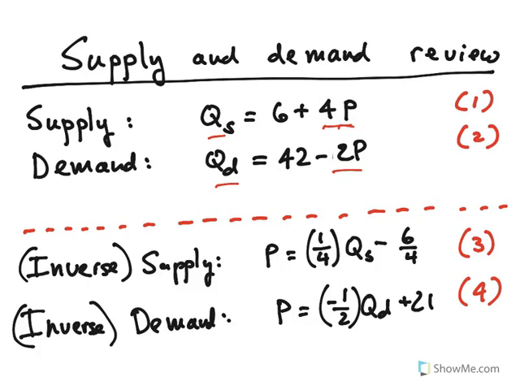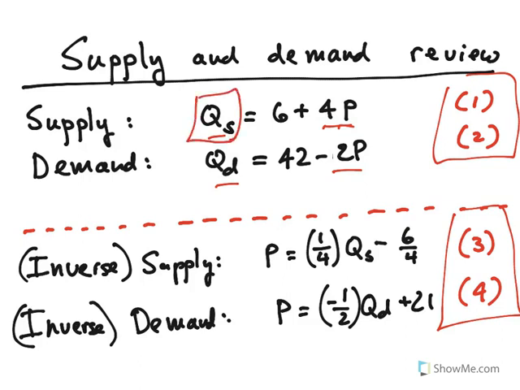We're simply rewriting equations 1 and 2 over here, where instead of having the quantity supplied on the left-hand side, we're going to have the price. And the same way with the demand curve, we're going to isolate price so that we can draw a supply and demand curve in a traditional way, where the price is on the vertical axis and the quantity is on the horizontal axis.